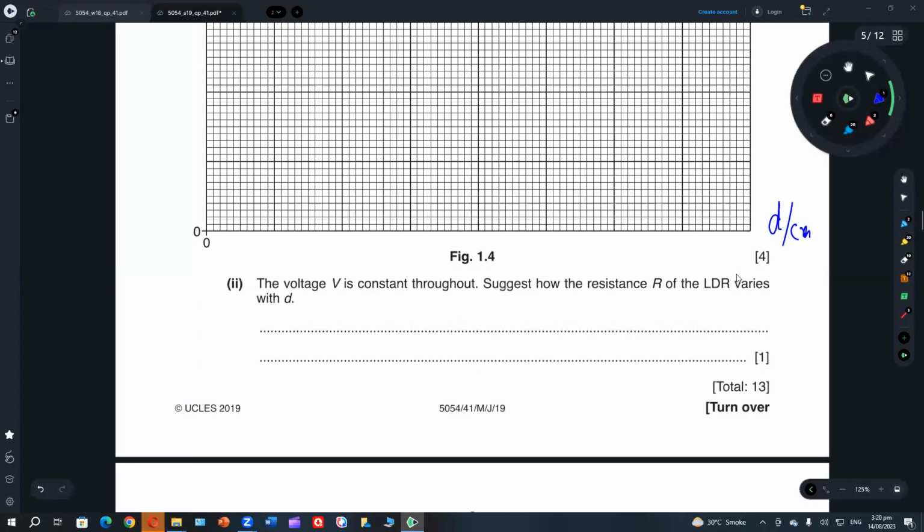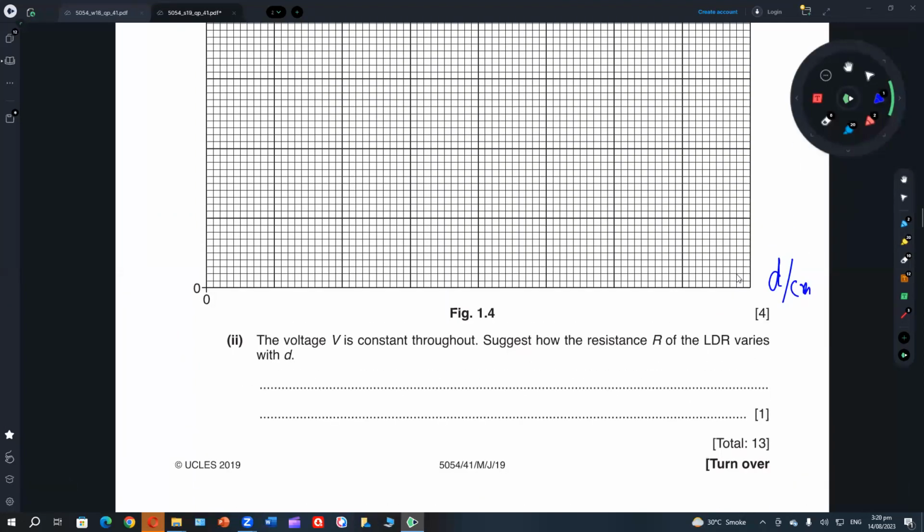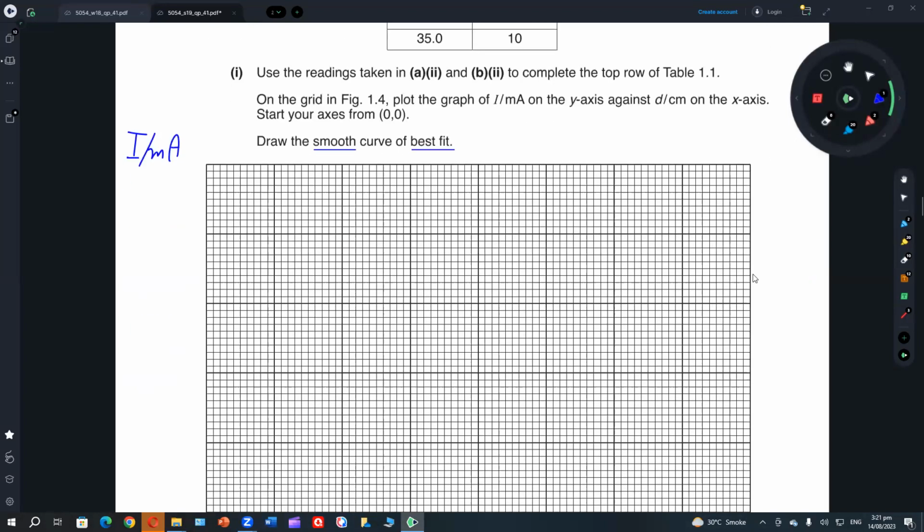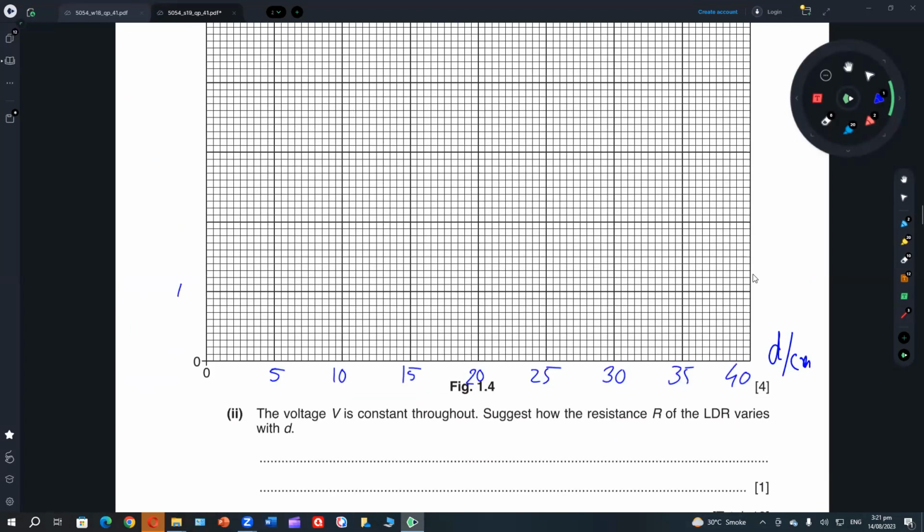So if D is going till 35, I can take 5, 10, 15, 20, 25, 30. Okay, so let's make the scale with me. Look at the value of I. It's going till 77. I'm taking a 10 gap.